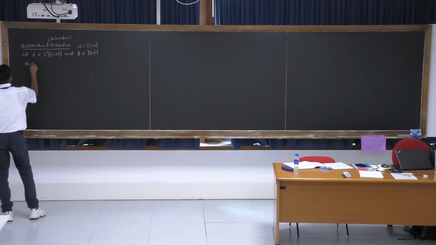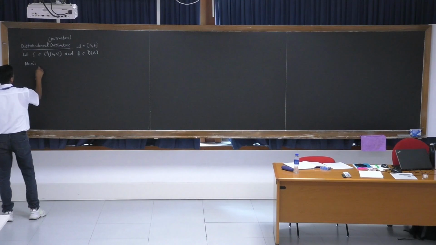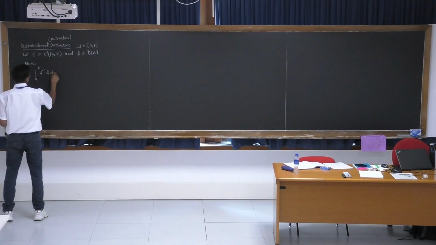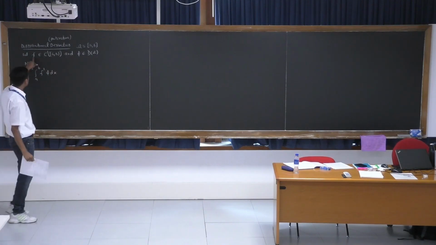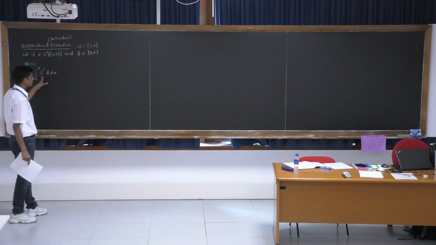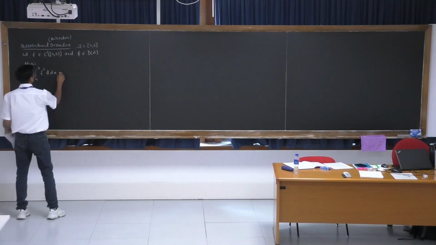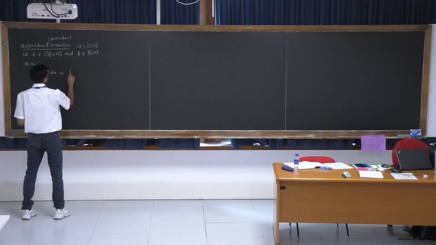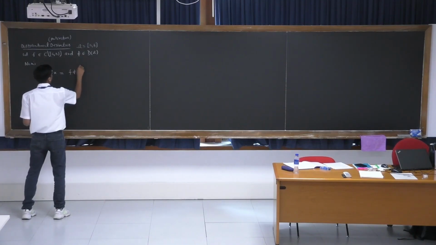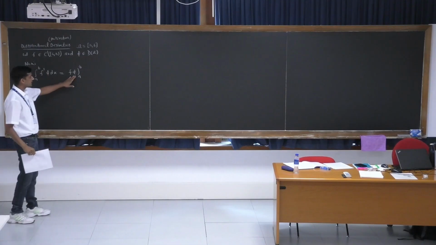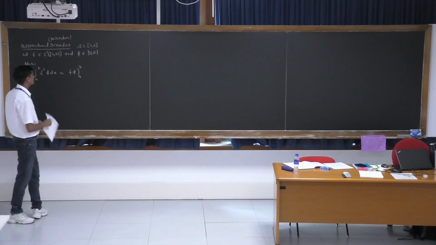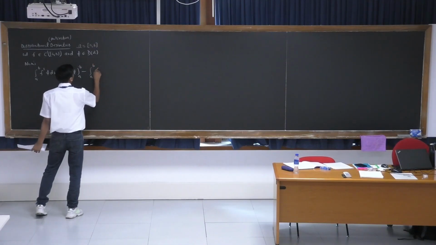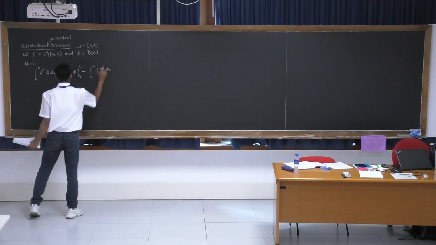Start with the integral from a to b of f dash phi dx. Because f belongs to C1, its derivative exists. Then applying integration by parts, the boundary term at the points a and b, f phi, minus the integral from a to b of f phi dash dx.